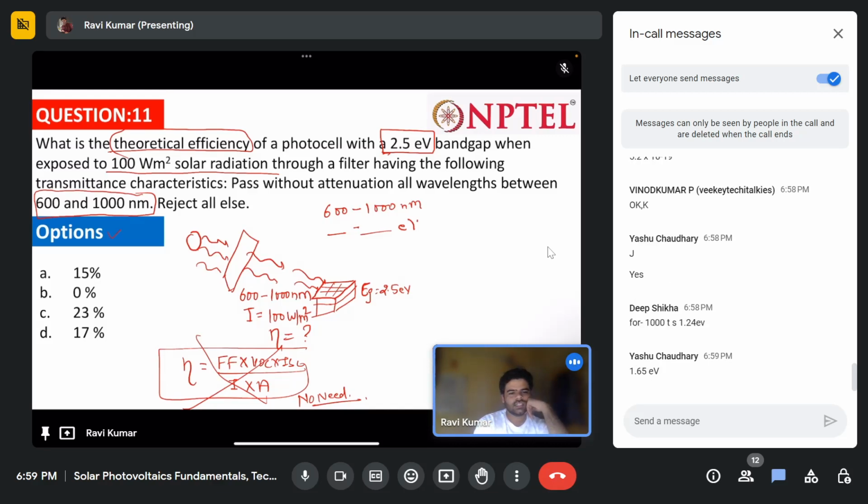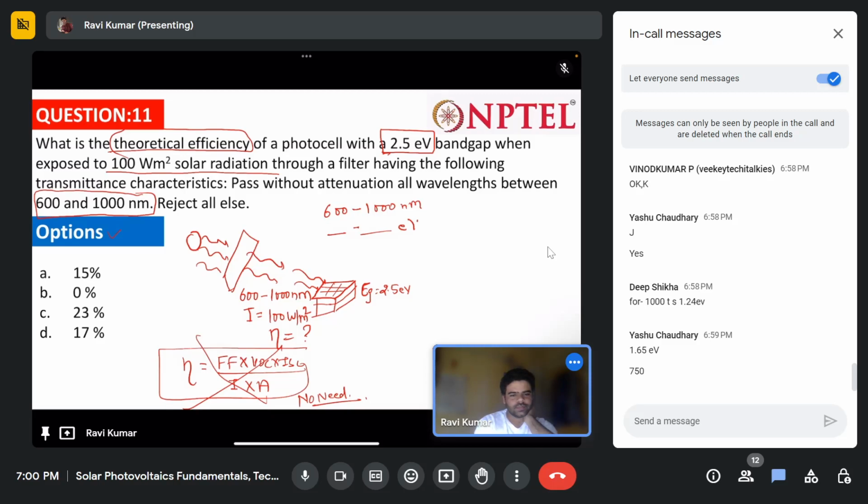So 1.65 electron volt corresponds to what? Is it for 1000 or 600? 750. Where is 750?